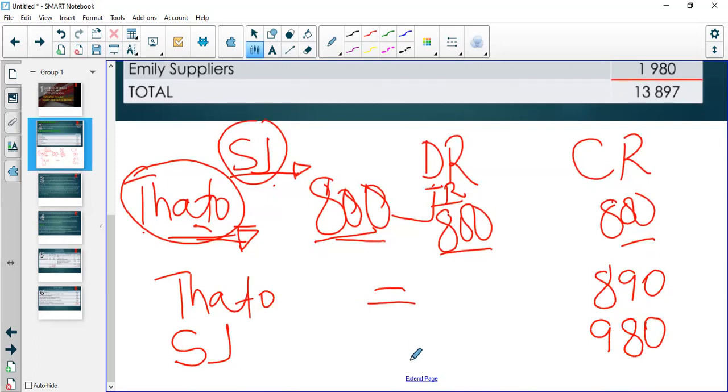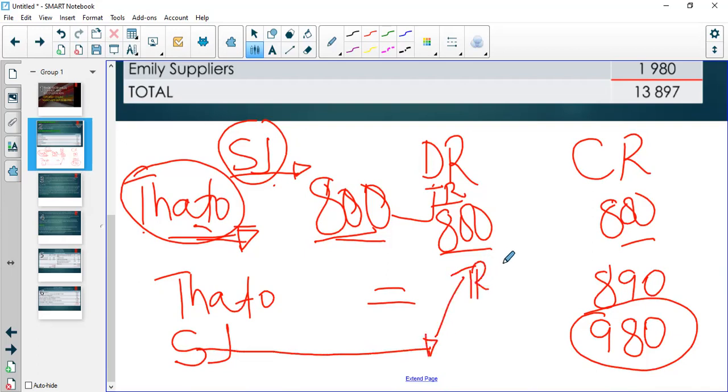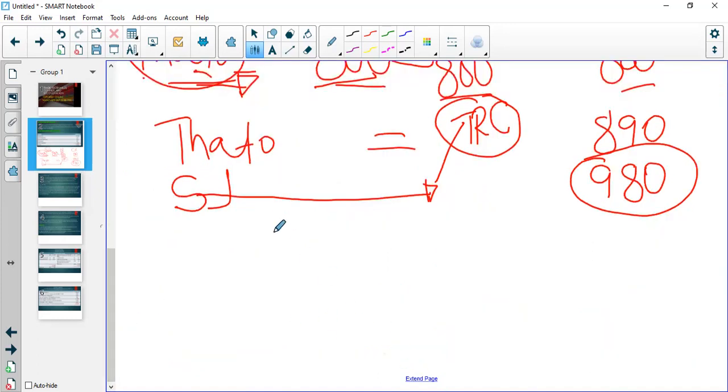All right. So you will see that this amount that you put in the sales journal will go to the trade receivables control, because the sales journal is for recording transactions when you sell on credit, and you only post the totals to the trade receivables control. So what happens is, say you sell to Tato, all right? And in the sales journal, you're going to have another entry for another customer, another entry.